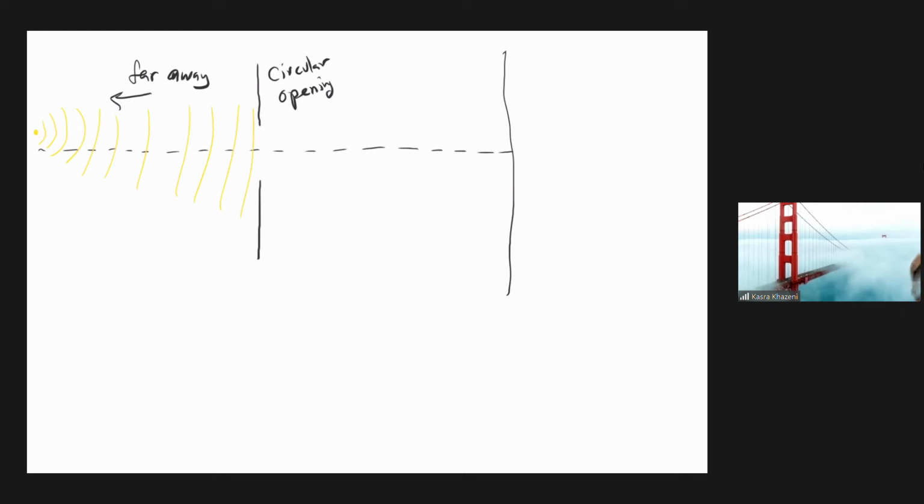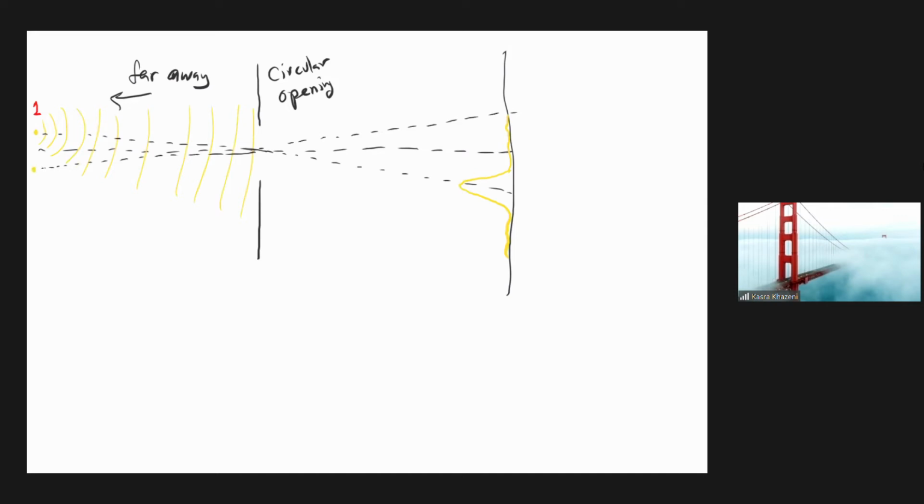Now, a plane wave goes through a circular opening, and it will produce a diffraction pattern on the screen that'll look like this. And we already know that. So that's the diffraction pattern due to that light source 1. And suppose there is another one somewhere else.